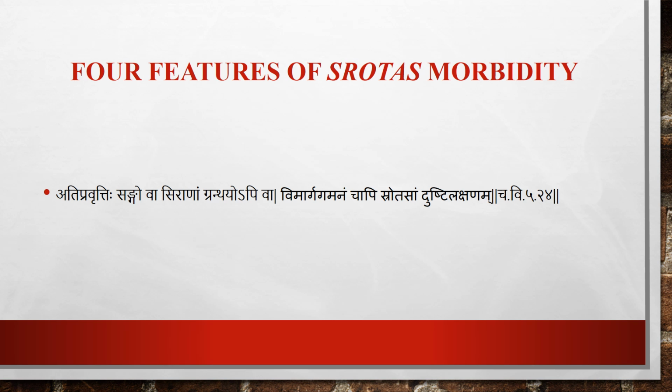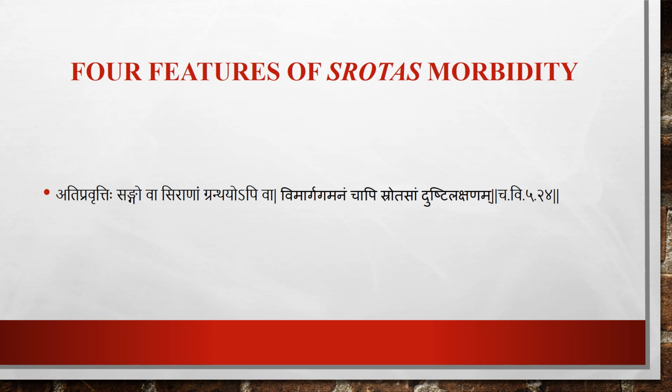Siragranthi means dilatation of veins causing obstruction to normal flow through Srotas. For example, varicose veins. Vimargagamana, reversed flow or false passage: due to some pathology at the level of Srotas, there is a flow of fluid in the affected area through channels, pathways other than its own.